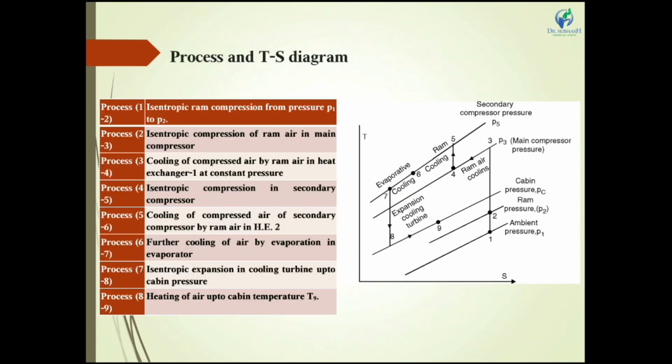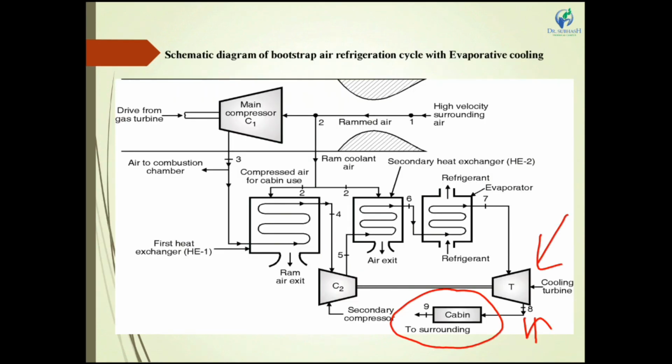In the diagram, the first one, without evaporative cooling, is drawn as processes 6 to 7 to 8 on the T-S chart. But here is the diagram with evaporative cooling: from process point 6 to process point 7, we give the additional cooling via the evaporative process.